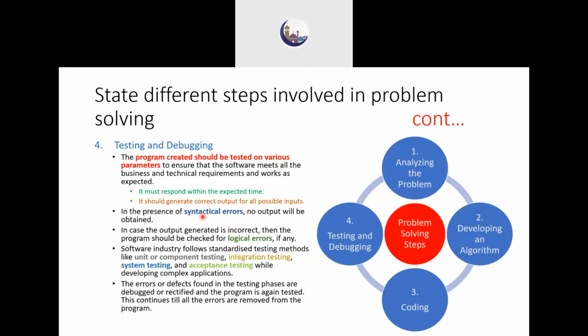We need to follow certain grammar whenever we are speaking with each other, right? Same way, when we are speaking with a computer, we need to follow certain grammar, and that grammar is called syntax. And if that syntax is not matching exactly what is needed, then the computer picks that as an error, and that error is called a syntactical error.